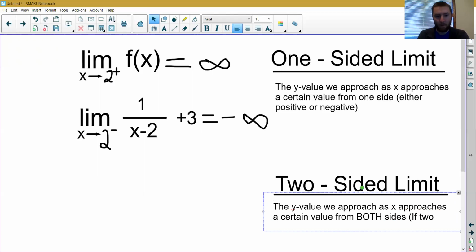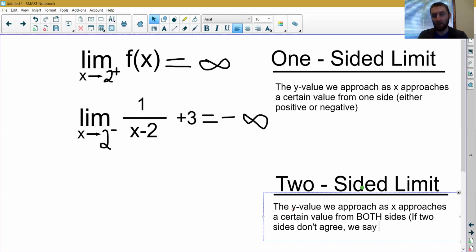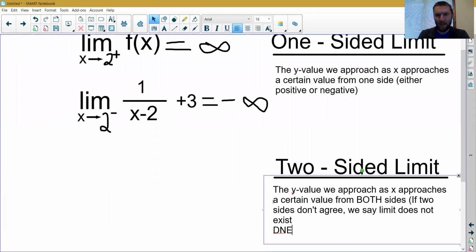If the two sides don't agree, we say, like Mean Girls, hopefully we're familiar, what do we say? The limit does not exist, even though the girl with the snaggletooth needed an eyebrow wax or whatever. Okay, so we say the limit does not exist. And our notation for that, by the way, is just DNE, does not exist.